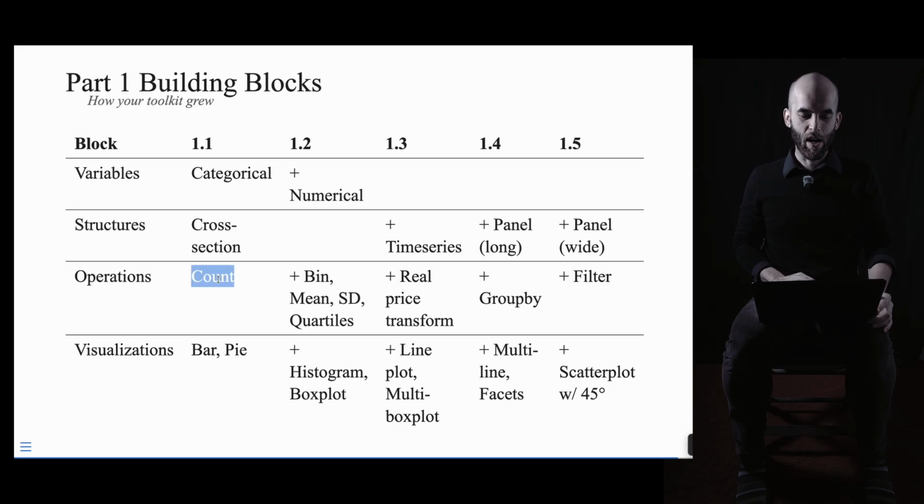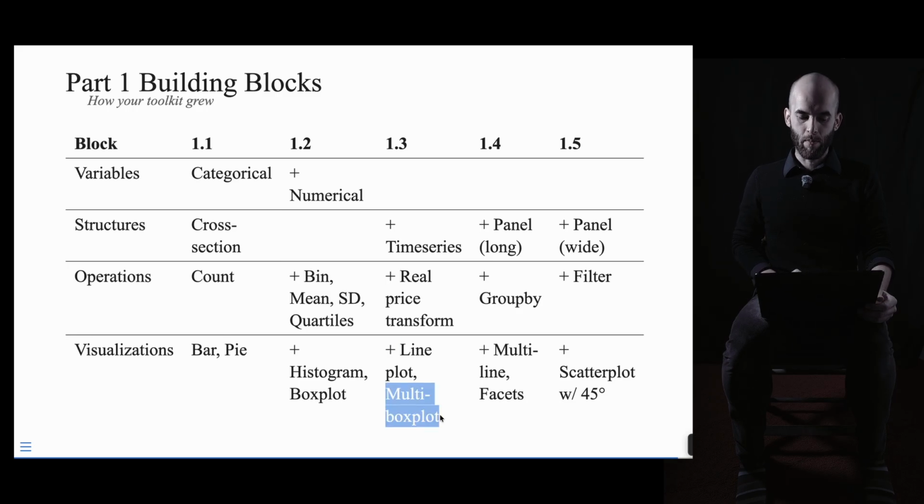We've talked about counting operations for bar charts and pie charts. We've talked about bins for histograms and means, standard deviations. And then we've talked about quartiles for box plots. We've talked about a real price transformation, so our first example of a data transformation. And we used that with a line plot to think about time series.